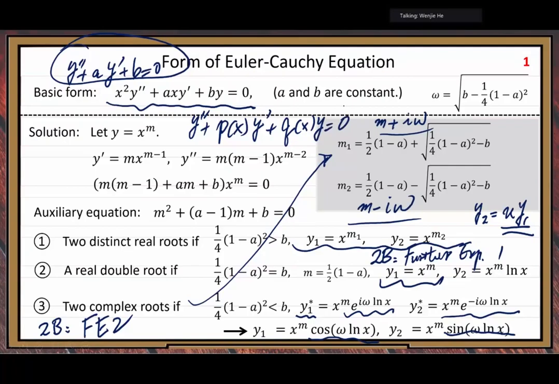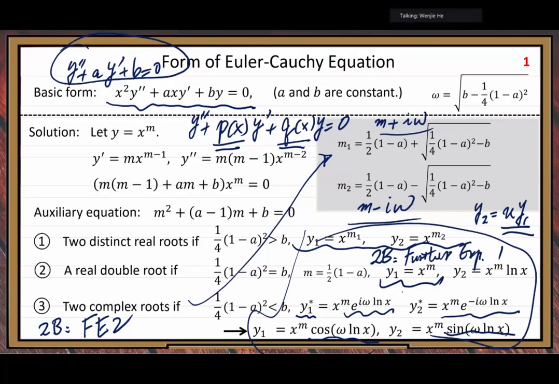But with this general form, if the P function and the Q function are relatively complicated, then we may not be able to find analytic solutions. Analytic solutions like these nice formulas, we call them analytic solutions.